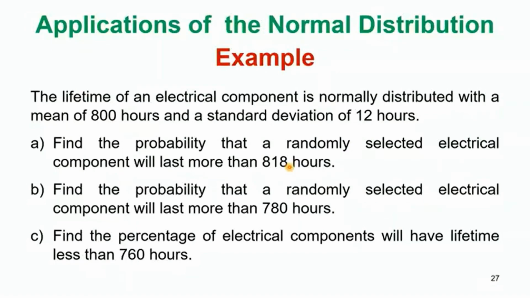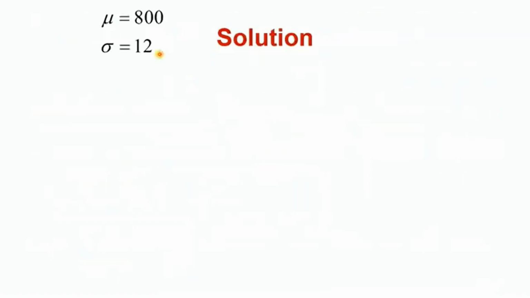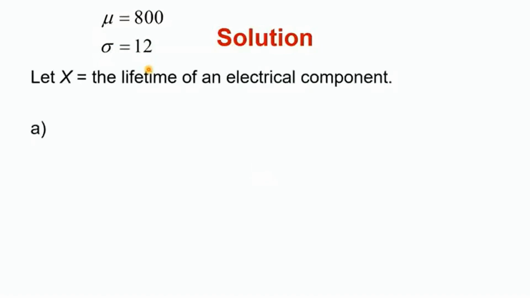It means X is more than 818. How to find this one? The mean is 800 and the standard deviation is 12. So we need to find the probability when X belongs to the normal distribution with mean 800 and variance of 12 squared, X more than 818, the first part A.